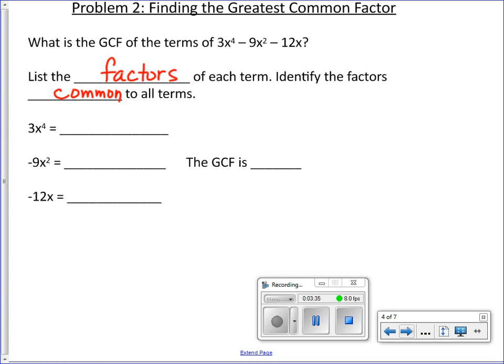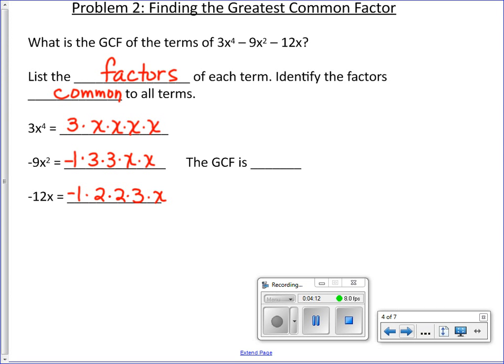So 3x to the 4th can be written out as 3 times x times x times x times x. Negative 9x squared can be written as negative 1, I'll factor out the negative, and then 9 is 3 times 3, and x squared is x times x. Negative 12x can be written as negative 1 times 12, which written as prime factors is 2 times 2 times 3, and then times x.